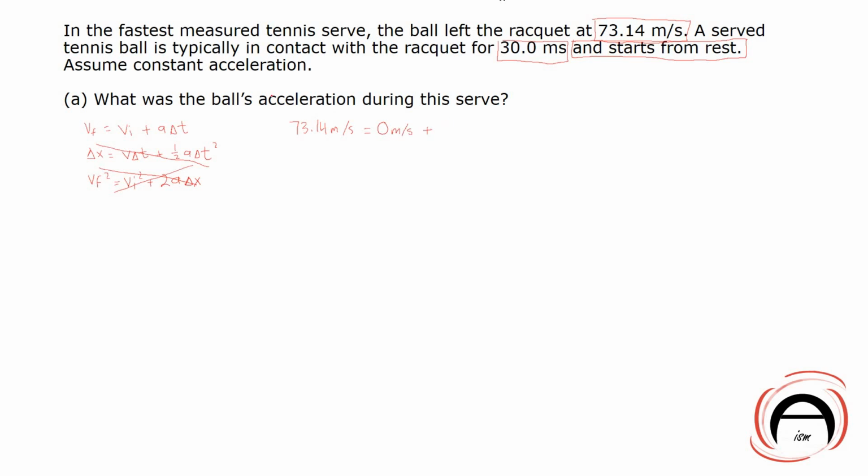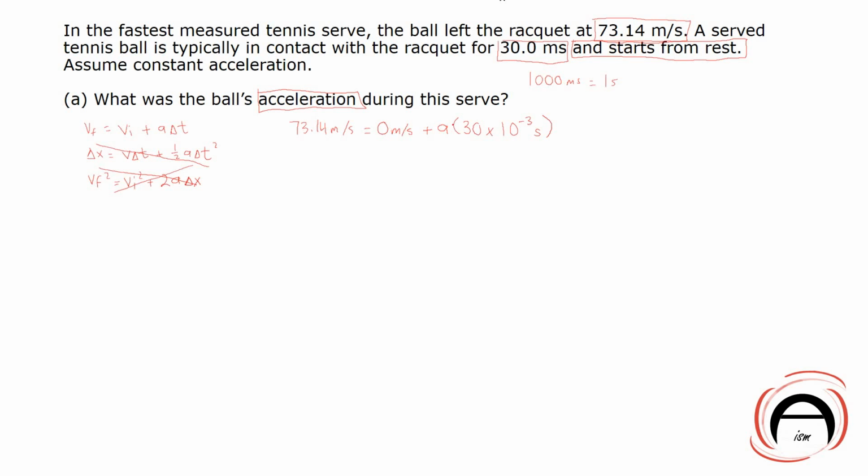What we're trying to find here is acceleration, so we're just going to leave that as a times change in t. We know it's 30 milliseconds, and 1,000 milliseconds is equal to 1 second. So in order to convert from milliseconds to seconds, we multiply this 30 milliseconds by 10 to the negative third.